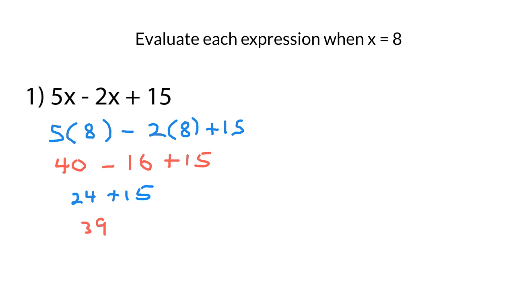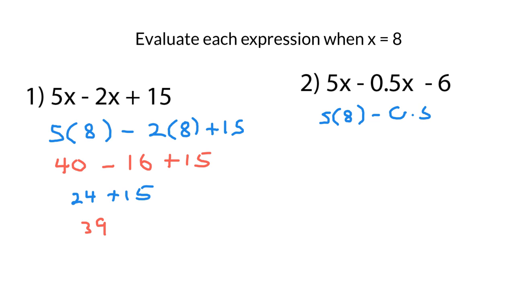In the next one, number 2, we have a decimal in this particular case. We have 5x subtract 0.5x subtract 6. No difference. We're just going to substitute. So let's do that first. 5 times 8 subtract 0.5 times 8 subtract 6. 5 times 8 is 40.